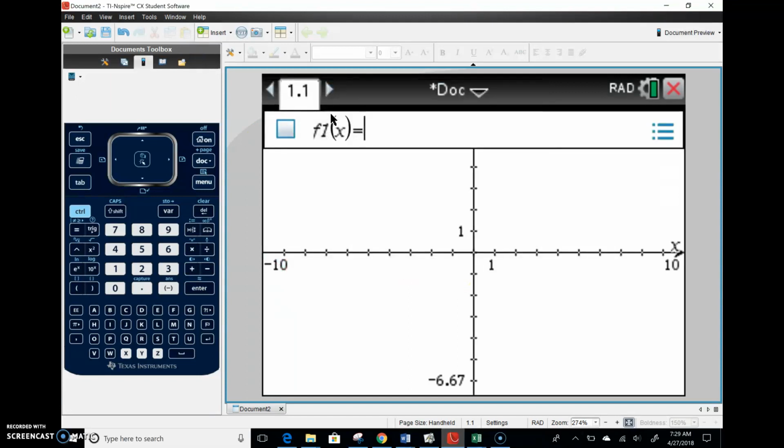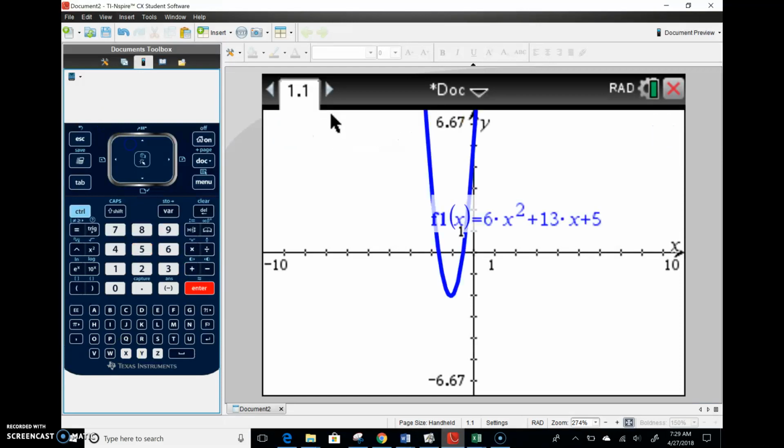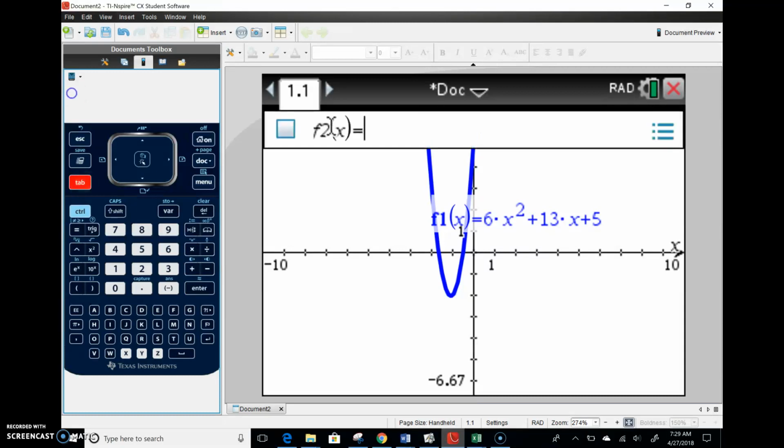So with equivalent expressions, all I do is type in my expression, not y. 6x squared plus 13x plus 5. That's what my expression looks like. Now I'm going to just graph my answers.